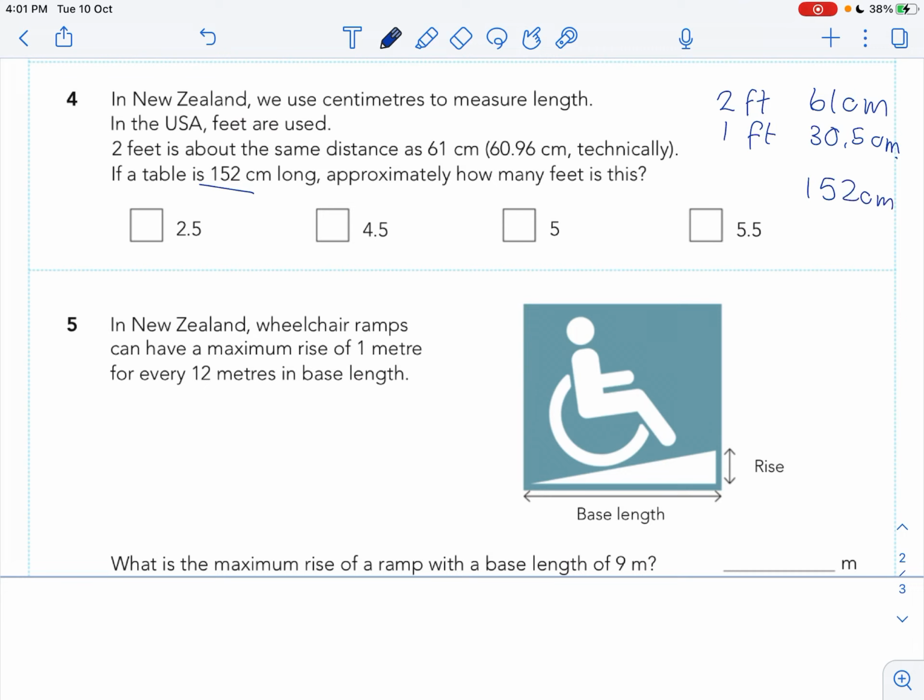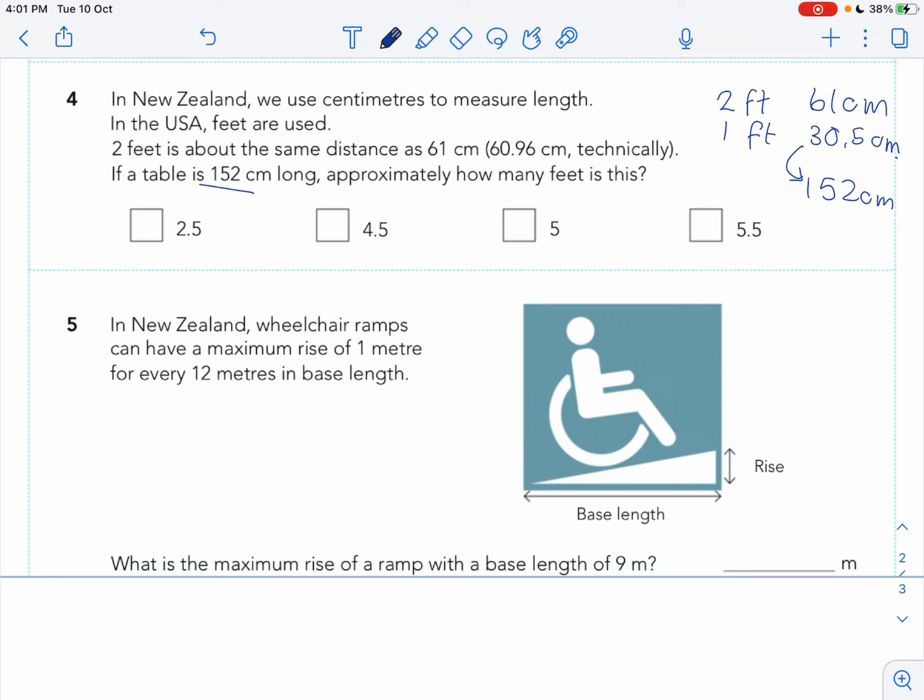So we want 152 centimetres. So what we've got to work out is what to multiply 30.5 by to get 152. So go 152 divided by 30.5.